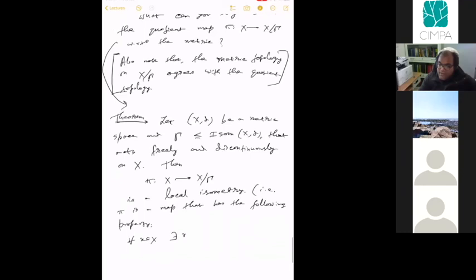For each x in X, there exists r greater than 0, such that pi restricts to this ball, and this is an isometry. So this actually gives you a nice description of the quotient map with respect to these two metric spaces.